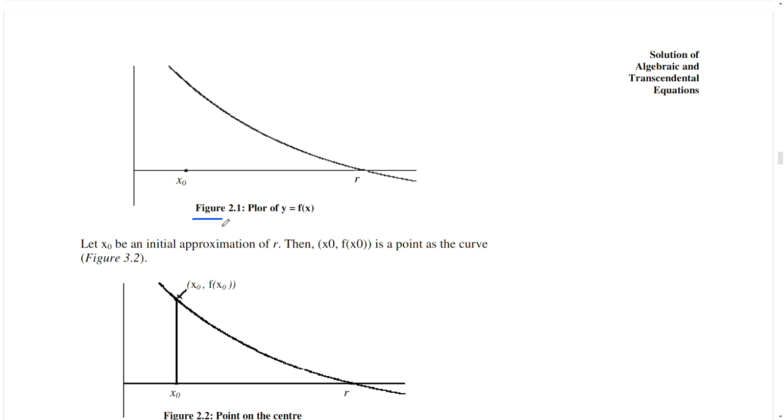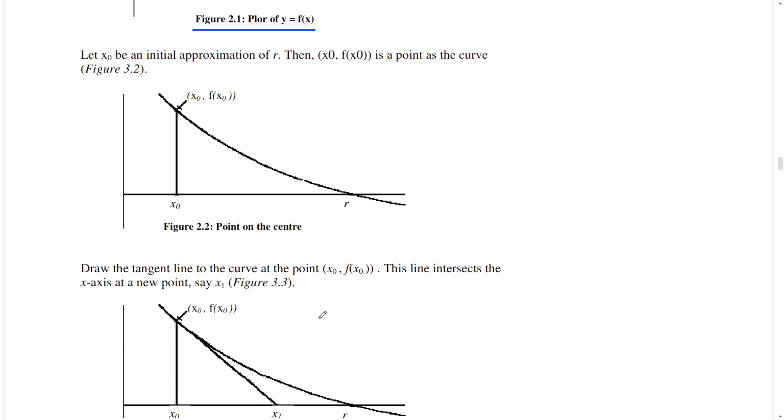Let x0 be an initial approximation of r. Then (x0, f(x0)) is a point on the curve.